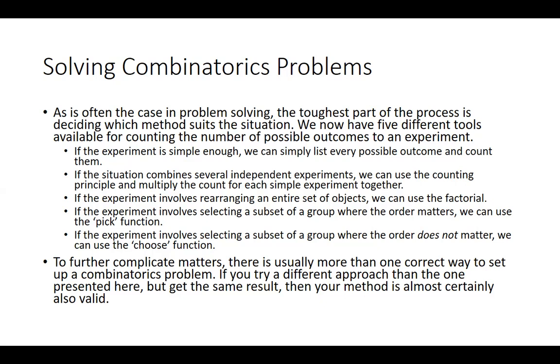And before today, those were the only 3 methods that we knew. But now we're adding in, if the experiment involves selecting a subset of a group where the order matters, we could use the pick function or a permutation. If the experiment involves selecting a subset of a group where the order does not matter, we can use the choose function or a combination.